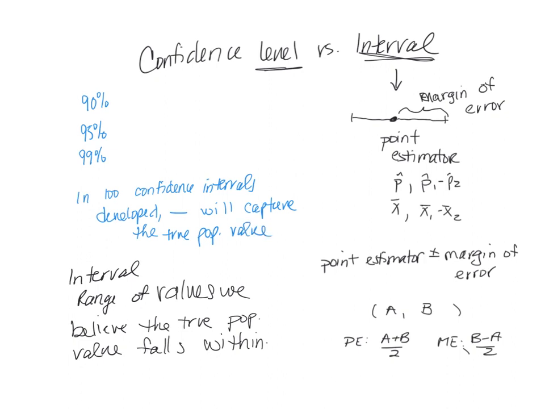In other words, if I'm 90% confident, then I'm saying 90 out of 100 confidence intervals done with the same procedure from the same population or the same sample sizing will get me the accurate answer.